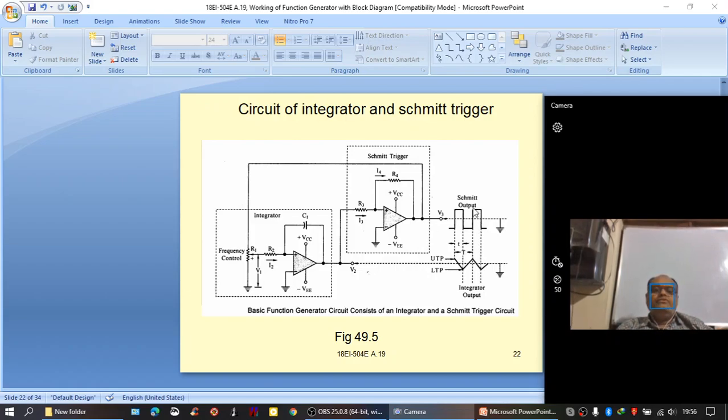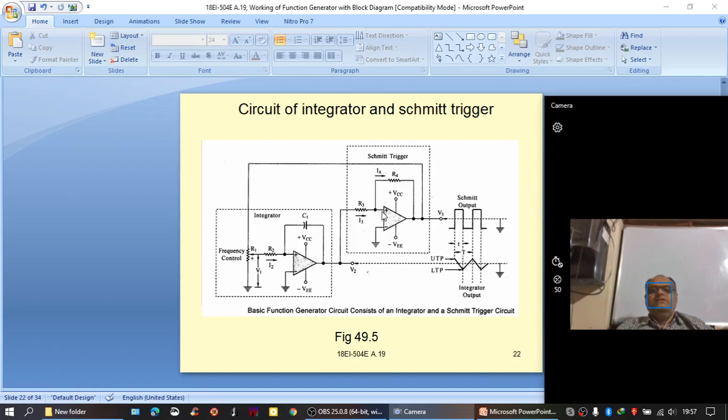When the output voltage goes high here, then once again the voltage here becomes positive. Previously the current was flowing in this direction, which let us call a negative current. Now because of the positive supply it becomes a positive current. So it starts charging in the opposite direction. Current starts flowing in the opposite direction, and the capacitor also starts charging in the opposite direction. So once again the voltage on the capacitor appears to be a negative going ramp.